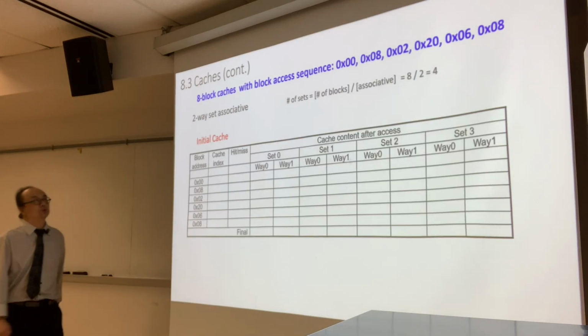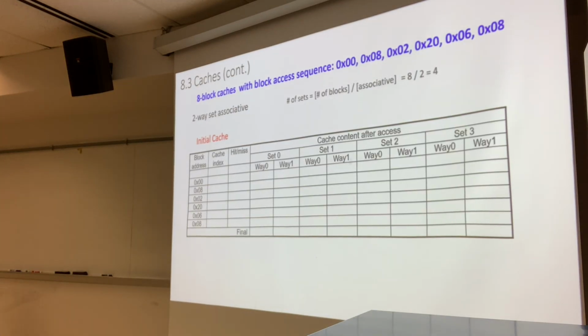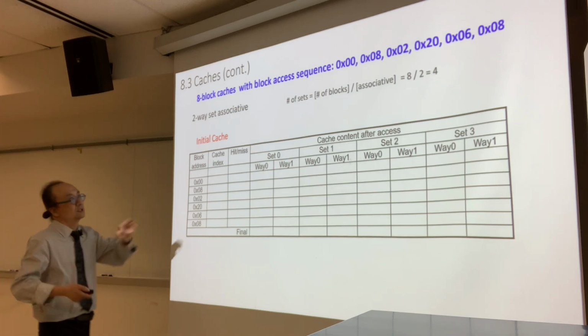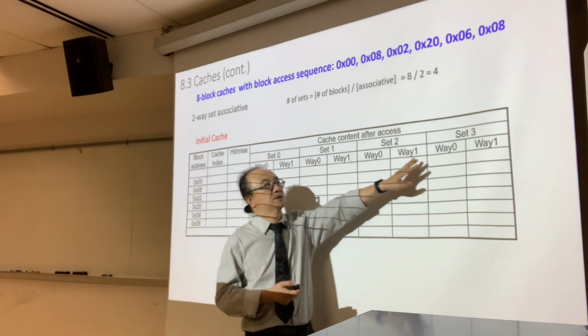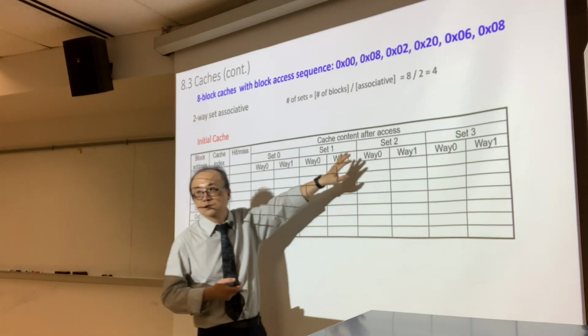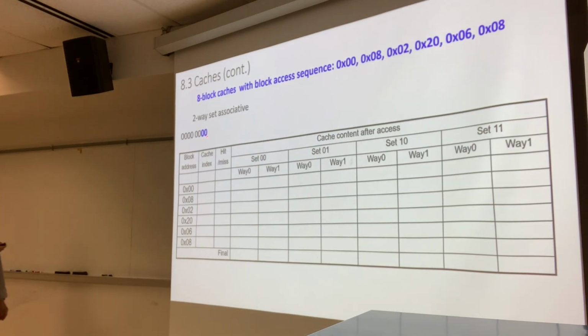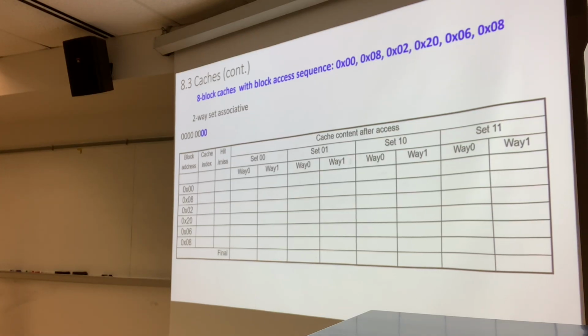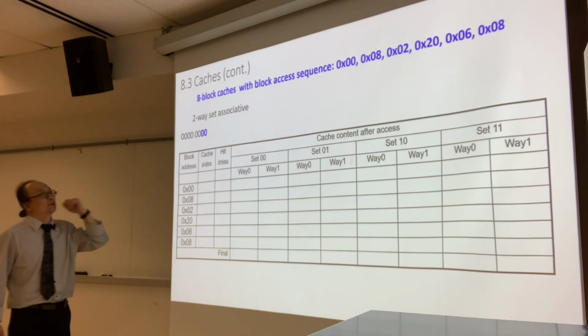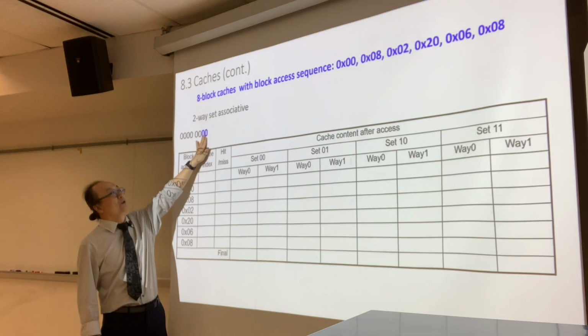Now for two-way set associative, how many bits for index at this time? 2 bits, because we have only set 0 to set 3: 0 0, 0 1, 1 0, 1 1. Therefore, the lower 2 bits are going to tell us which set it is.